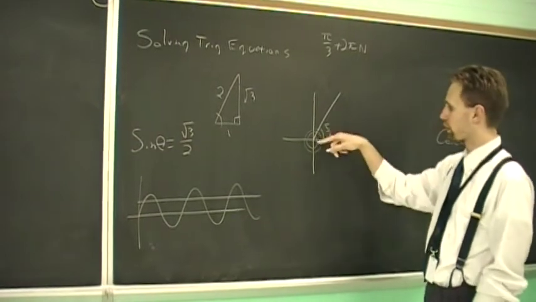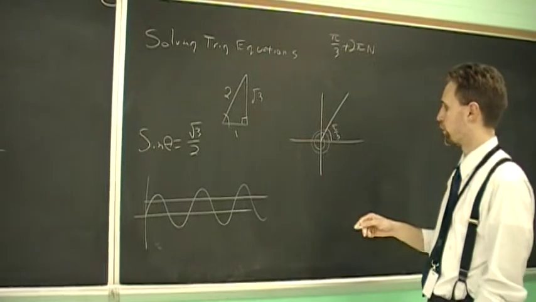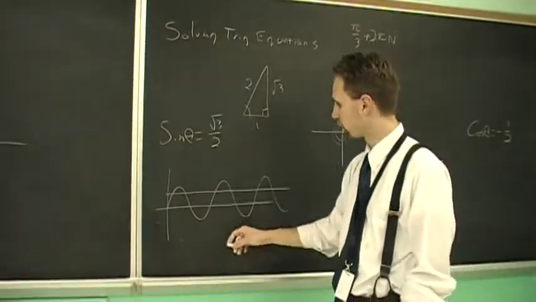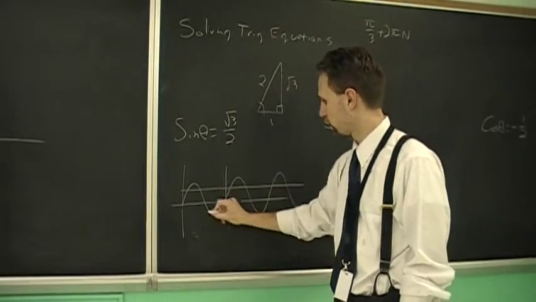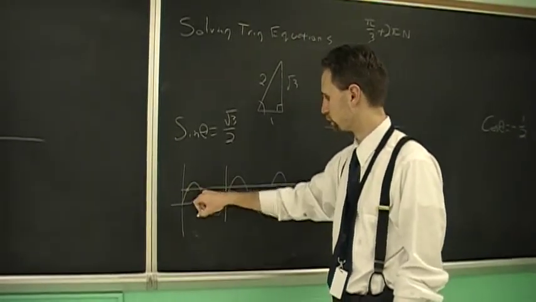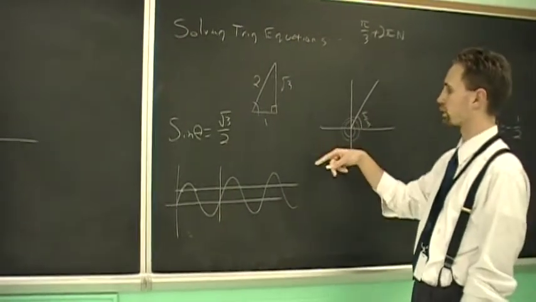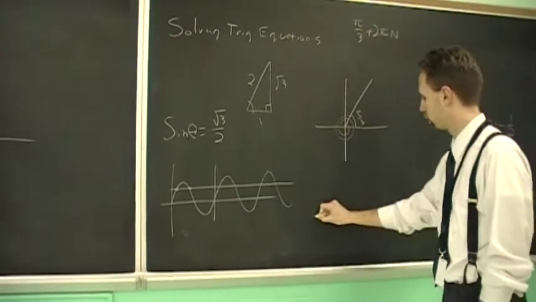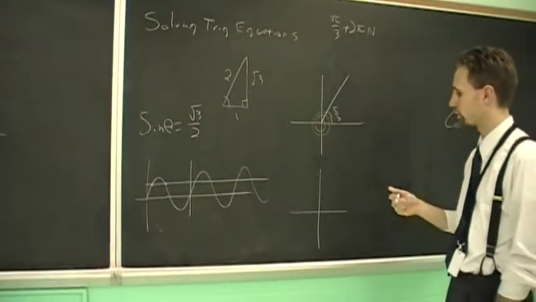But there is another angle that has a sine of radical 3 over 2. If you look back at the graph, in the full rotation from 0 to 2 pi, we have two answers. This one looks like it's in the second quadrant. You know that the reference angle has to be 60 degrees. So you think, in which other quadrant is sine positive?